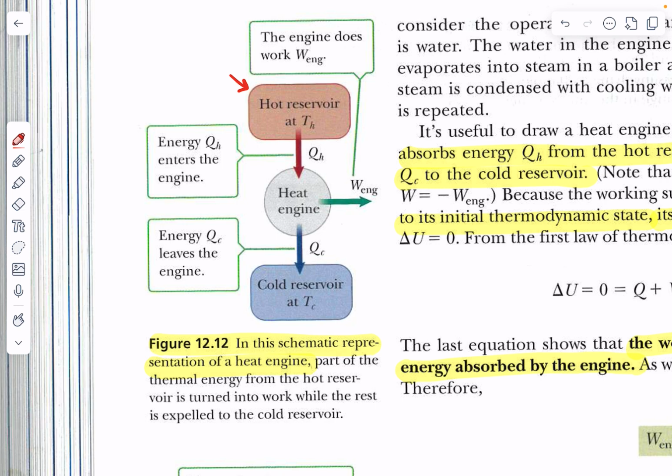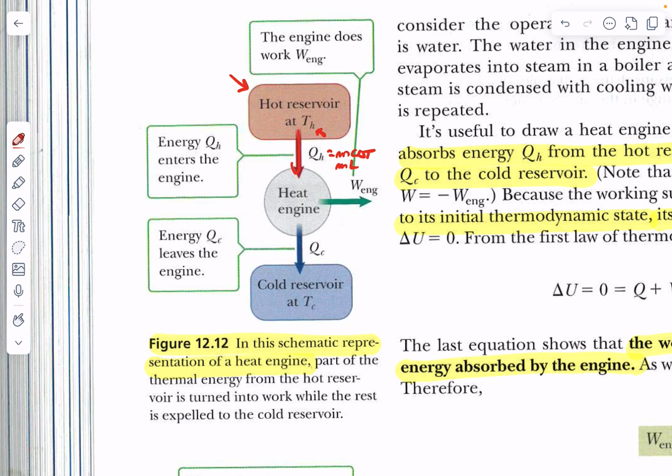That's what this means, T sub H. T being temperature, H being hot. And this heat, Q, which you might remember is MC delta T, as long as we don't have a phase change. It might also involve a phase change in which you have mass times your latent heat of vaporization, likely. It goes into the engine.